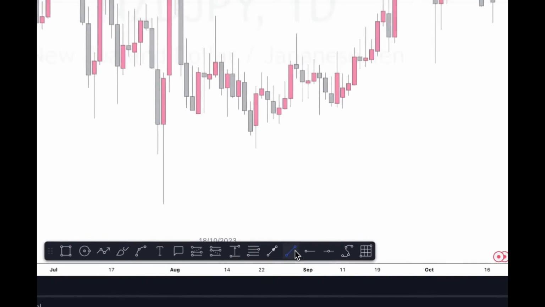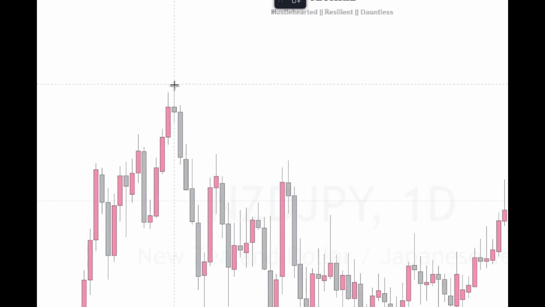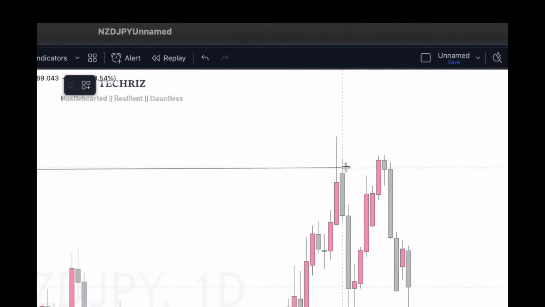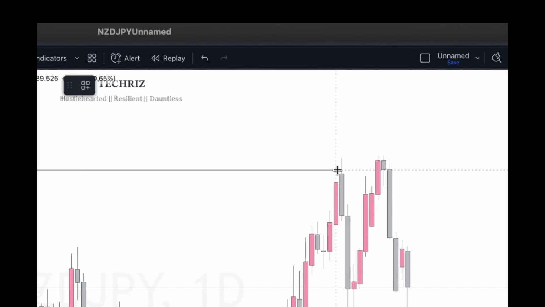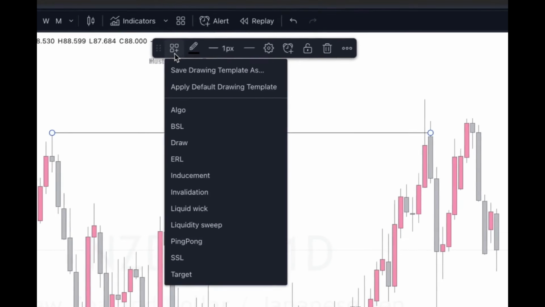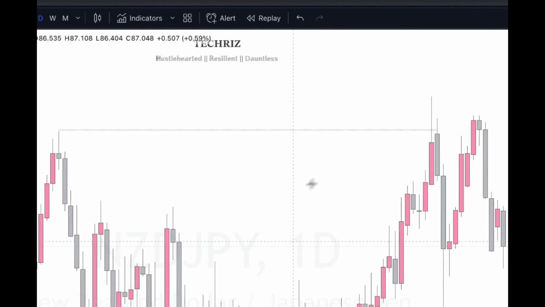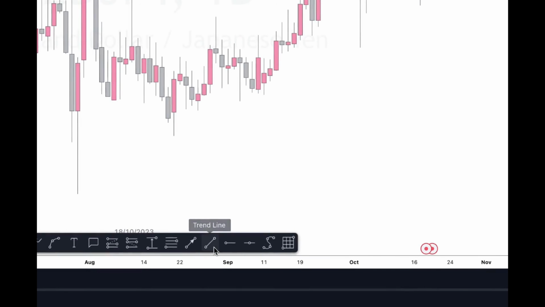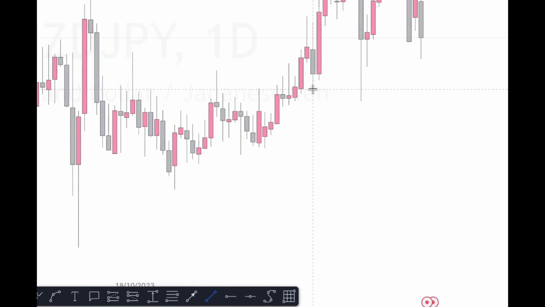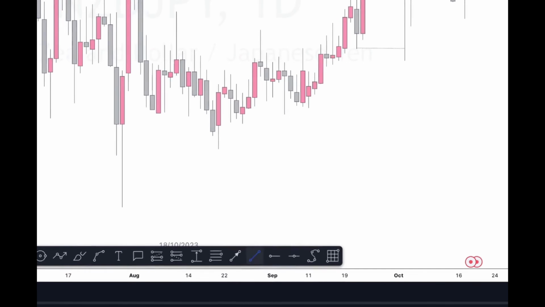We can mark this out. You can see that it closed with a wick and then receded back, right? Then the market also cleared liquidity from this low, internal range liquidity.